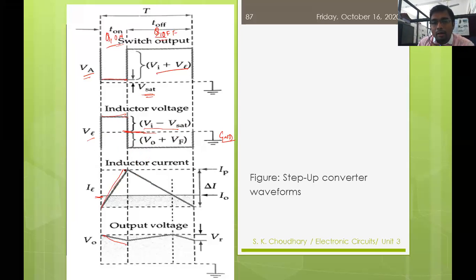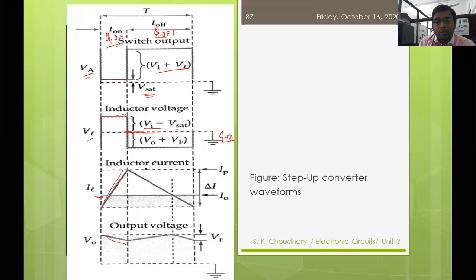Now we have to know what happens when the switch is off, in the T off period. The voltage across the inductor is negative, so the current through the inductor starts to decrease. Now we have the condition where the inductor starts to discharge, and this discharge current drives the load as well as the capacitor.